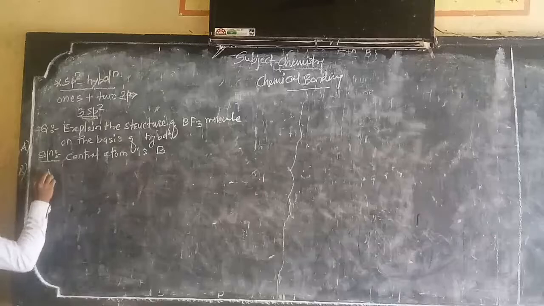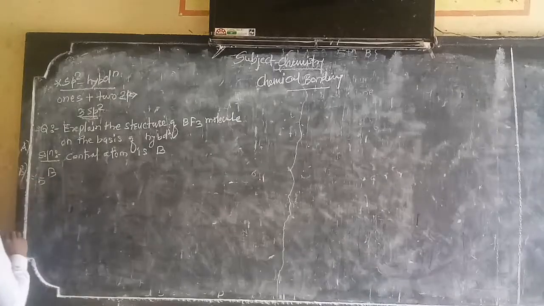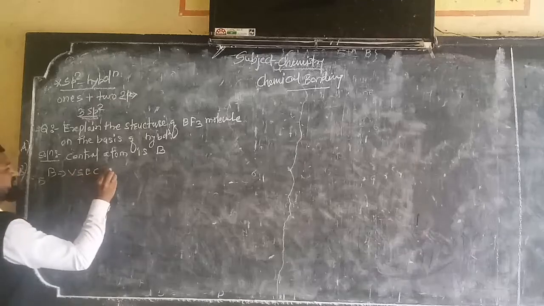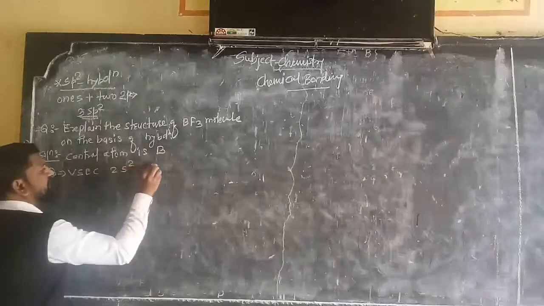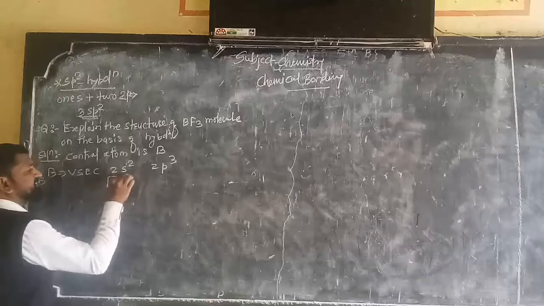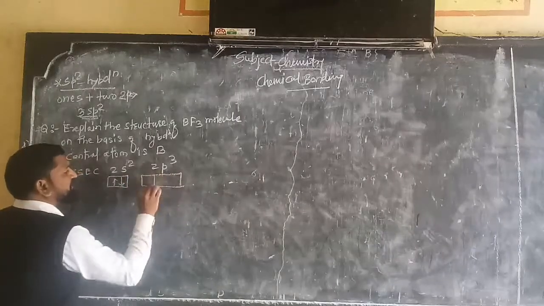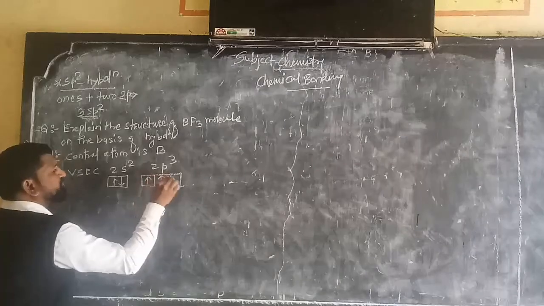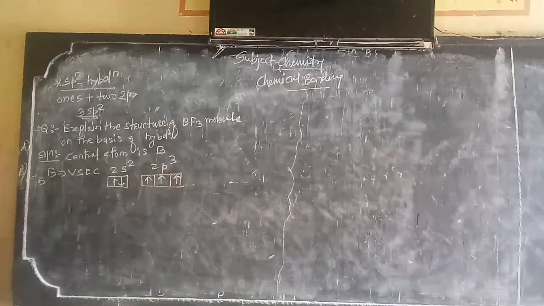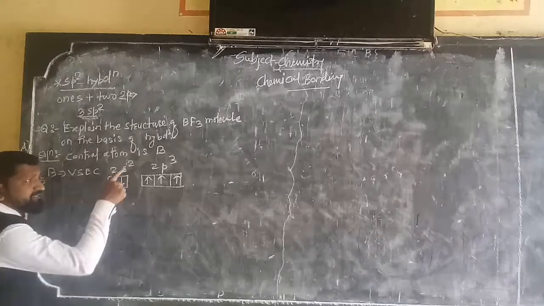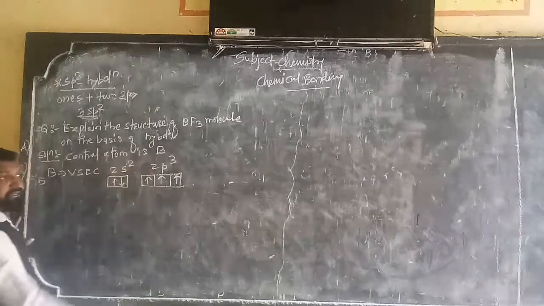Boron has atomic number 5, therefore its valence shell electronic configuration will be 2s2 2p3.